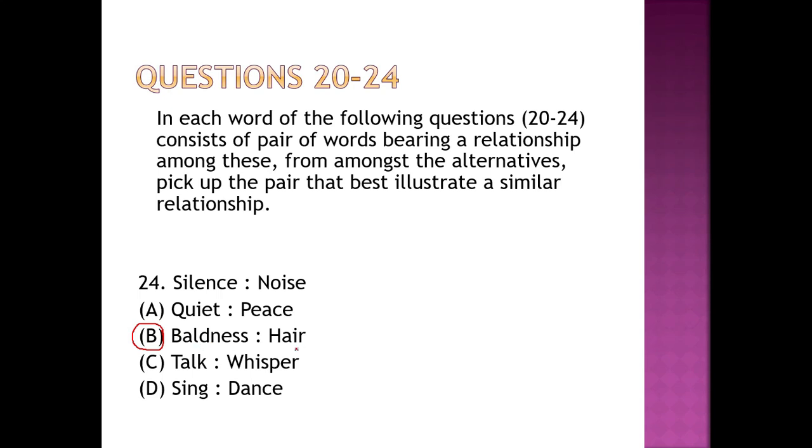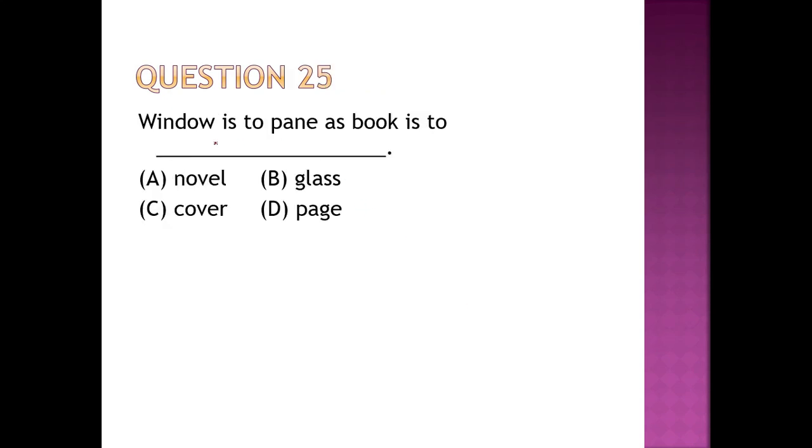Let's look at the next question. All right, so window is to pane as book is to. The options are novel, glass, cover, and page. Okay, so what we are being asked to do is to identify a relationship that is similar to that of a window and a pane.